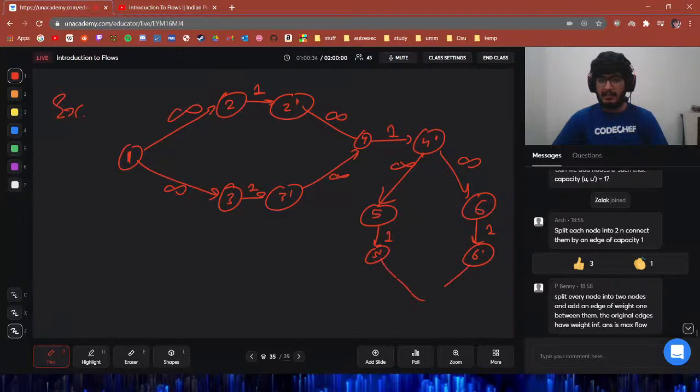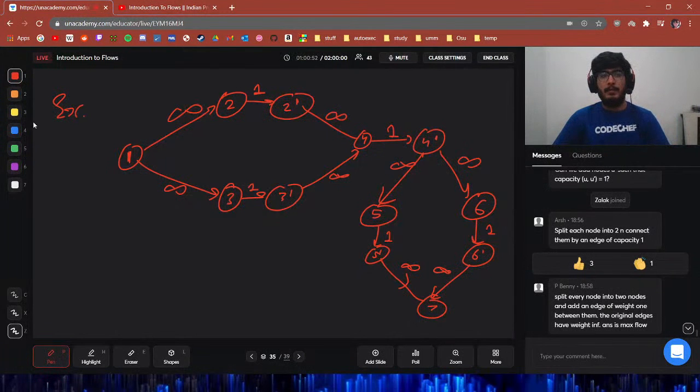And 5 dash and 6 dash are connected with infinity size to 7. I'm not splitting 1 and 7 into two different nodes because 1 and 7 are going to come in multiple paths, but I'm splitting 4, 2, 3, 5 and 6, all of the internal nodes.